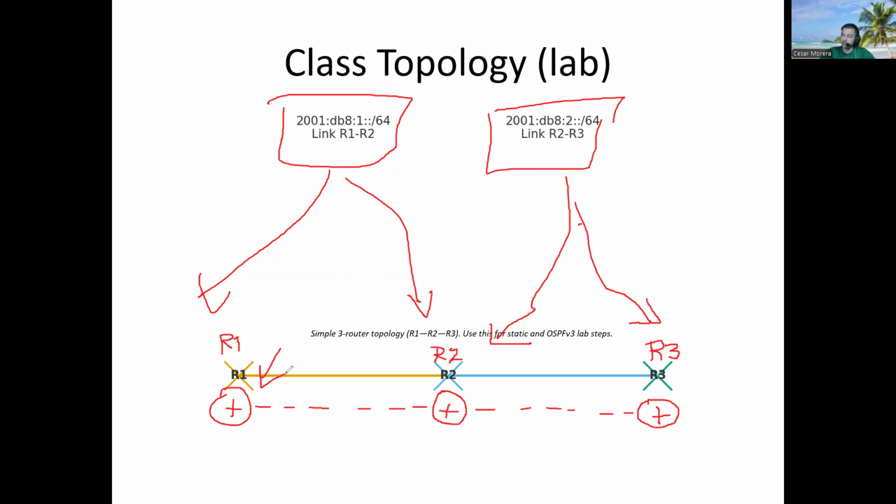Once you have IPv6 configured on this interface, and this other one, and this other one, we should be all done. Let me clear the drawing for a moment with the eraser. So let's say this is Gigabit 0/0, and this other one is Gigabit 0/0, and this other one is Gigabit 0/1, and this other one right here is Gigabit 0/1.